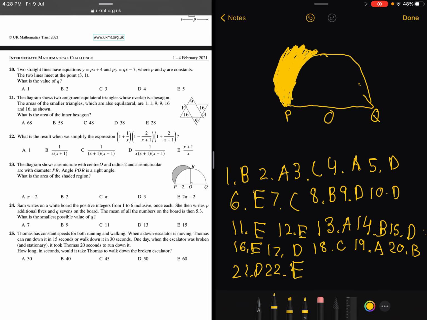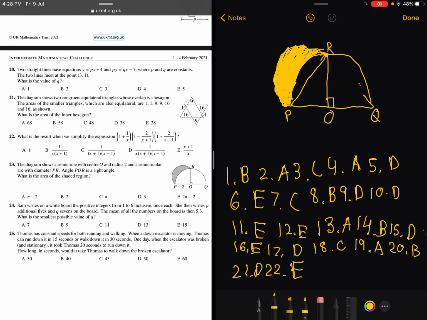So what we do know is this is a quarter circle OQR and POR. And if we construct a line PR, then actually this is also a semicircle right over here. Around the edge, this is actually a semicircle.